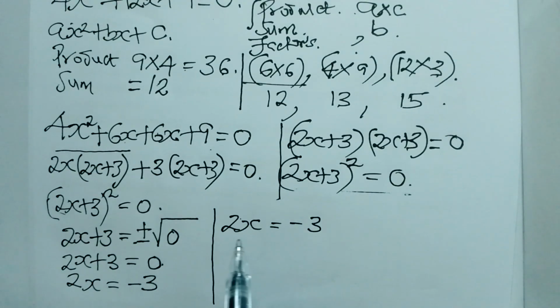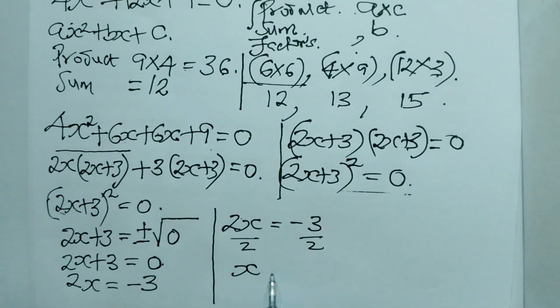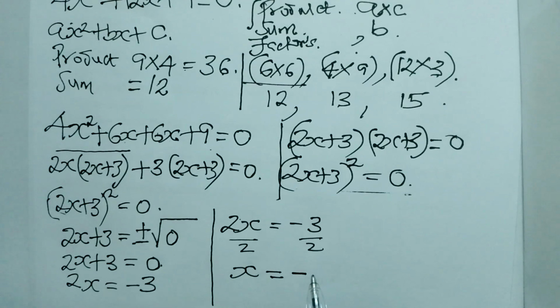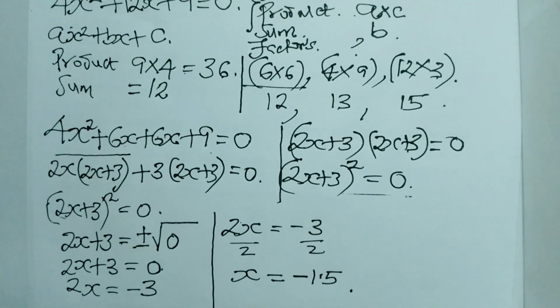Therefore, divide both sides by 2, and you'll get x is equal to negative 1.5. So that will be the value of x using the factorization method to solve that equation.